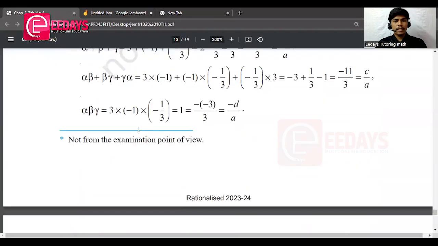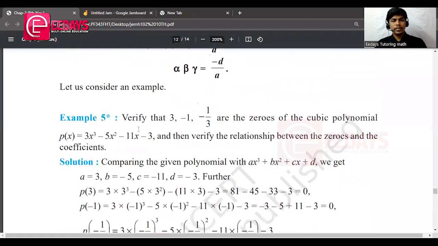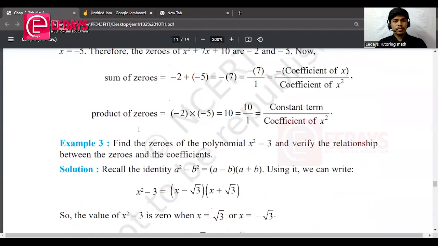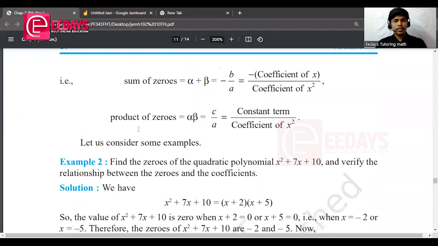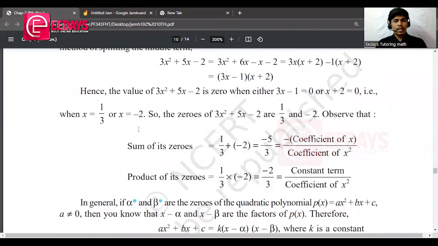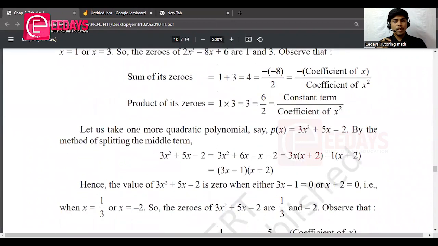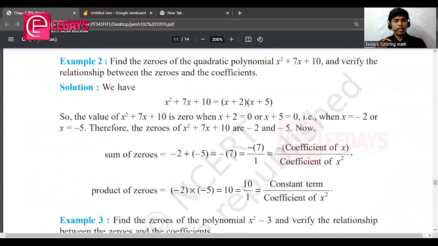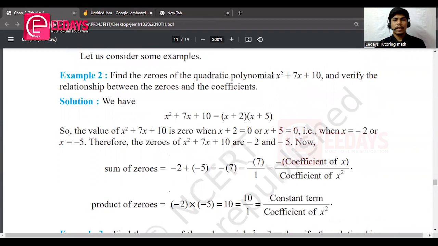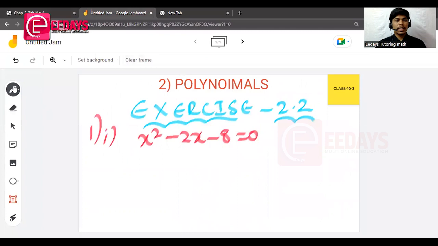Let's see the examples of what we have learned, how we verified in the previous question. Here they gave a polynomial equation like this. You just do splitting the middle term, so you'll get the two zeros, minus 2 and minus 5, and you just verify like this. We apply the same procedure, nothing else.